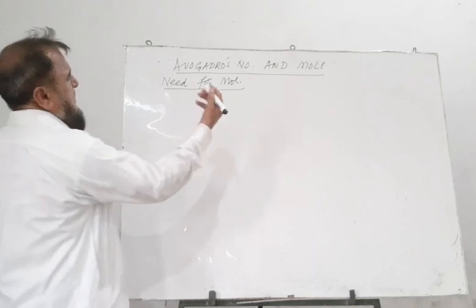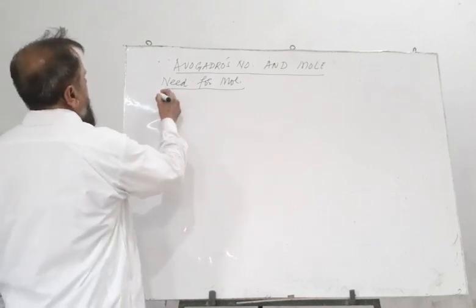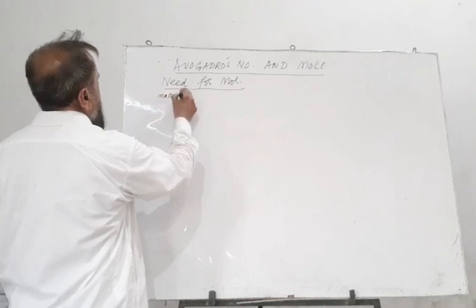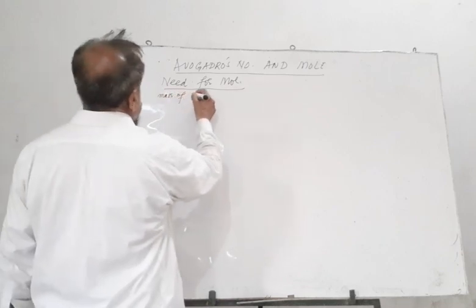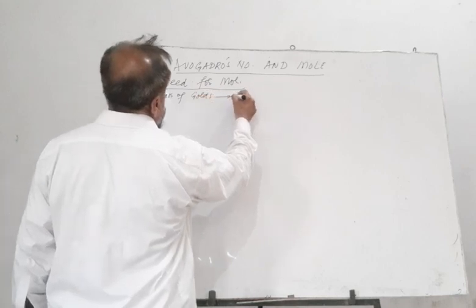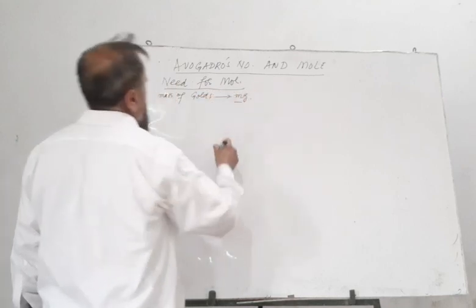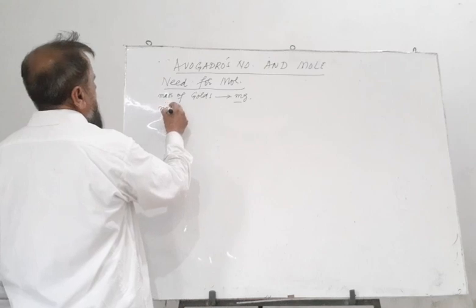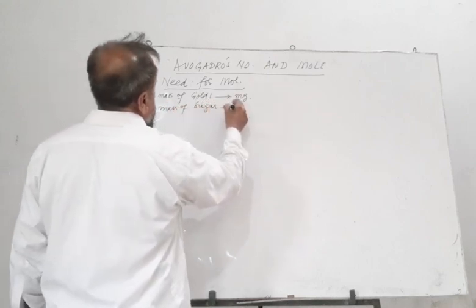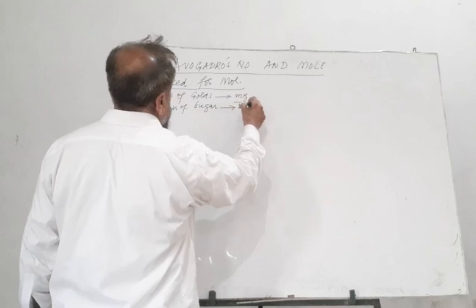Let us take an example. The mass of gold is usually taken in milligrams. The mass of sugar is expressed in kilograms.